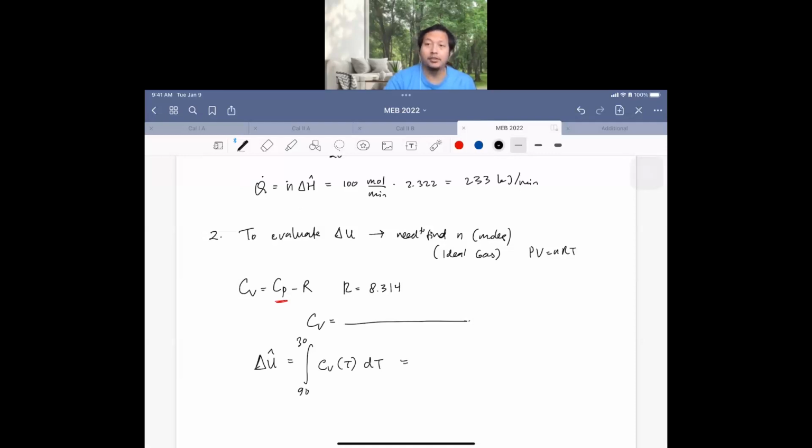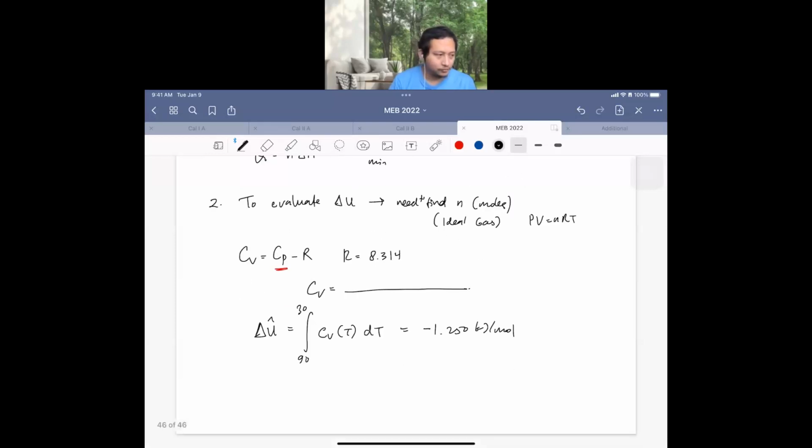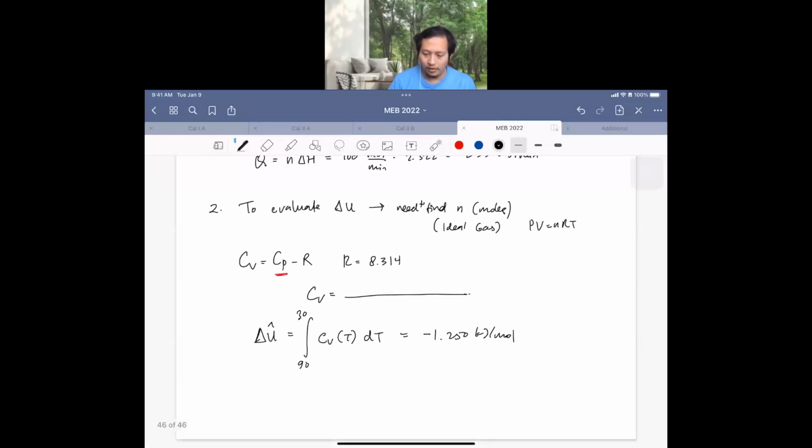put on some integrations to calculate the numbers, and you will get this to be equal to negative 1.250 kilojoule per mole. And you get n is equal to PV over RT.